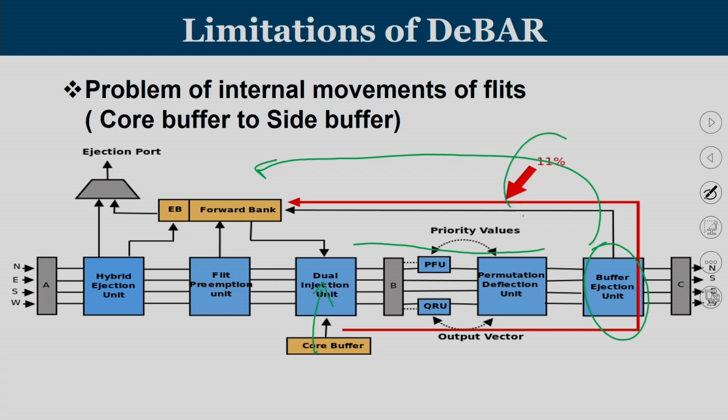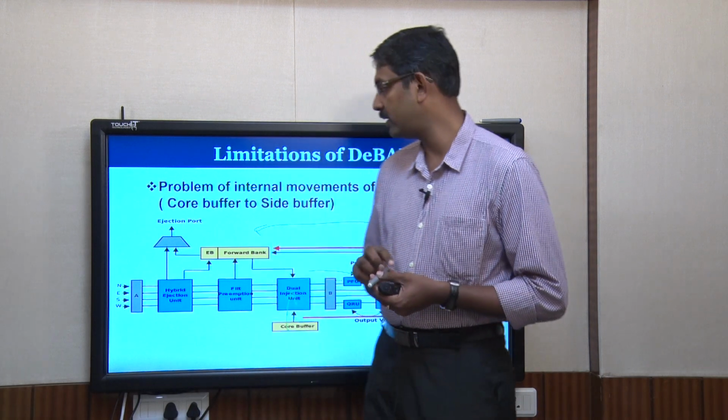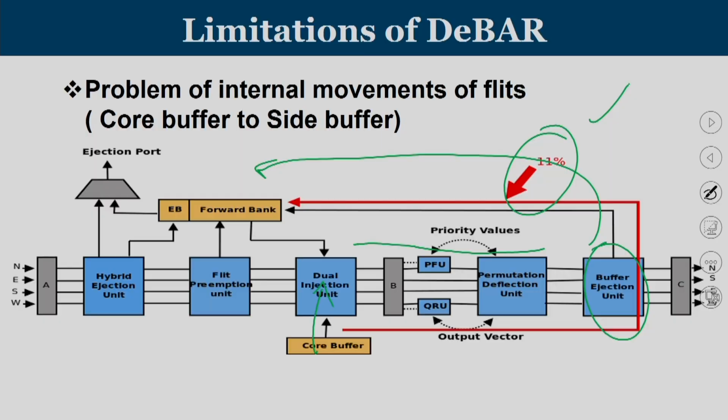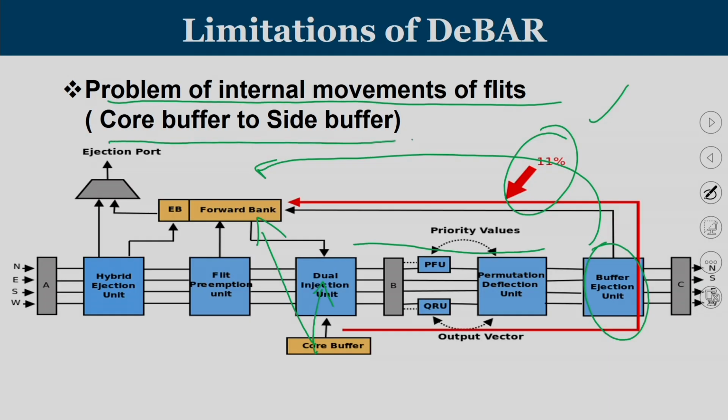So, in 11% of cases, a flit that recently entered from the core buffer reached the permutation deflection network, got a non-productive port, leading to movement into the side buffer. So, essentially it is a movement from core buffer to side buffer. This is called the problem of internal movement of flits. There is no productive movement for the flit; it is just moving from one array inside a router to some other array inside the same router. So, this is called core buffer to side buffer movement. It happens roughly around 11% of cases.